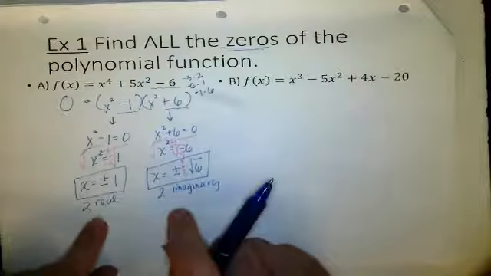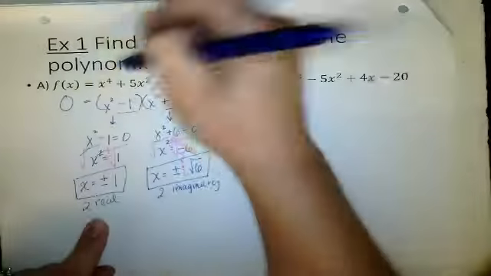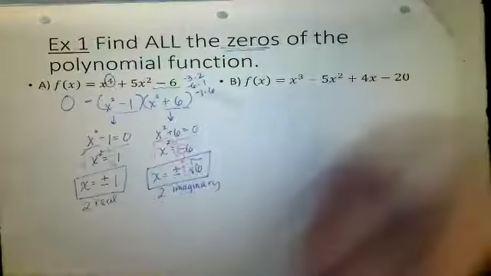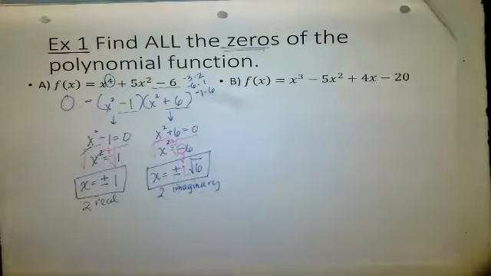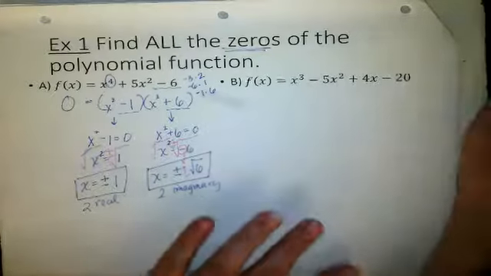When you add up your two reals and two imaginaries, what do you get? You get your power, the highest power. That degree, the highest power of your polynomial, should tell you how many answers you're looking for. That is the sum of the real and imaginary solutions.